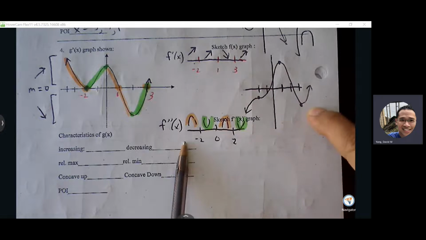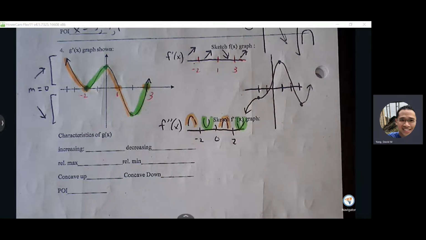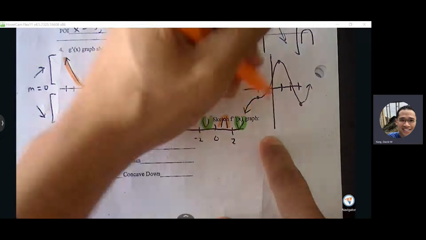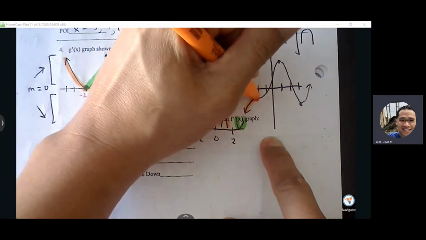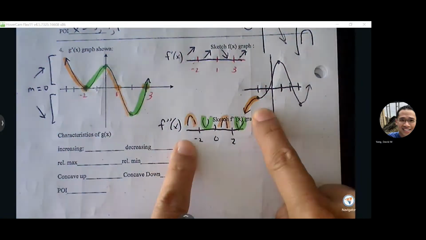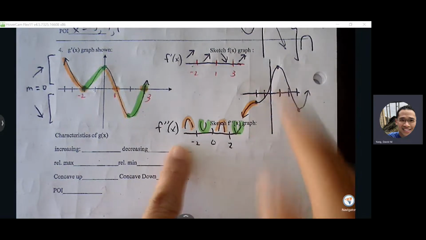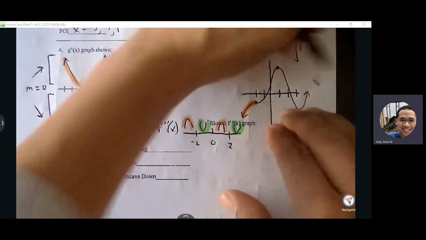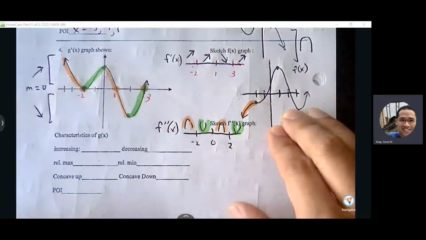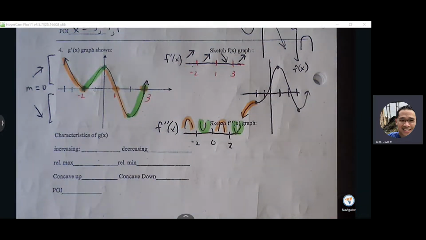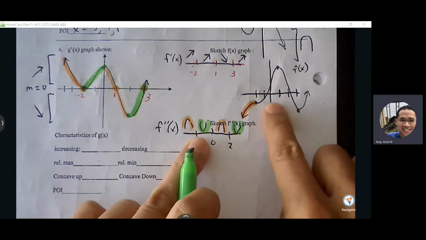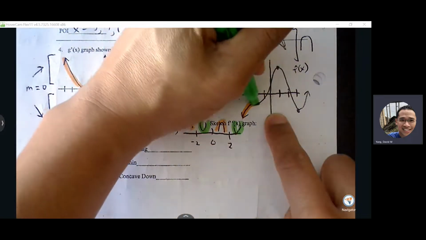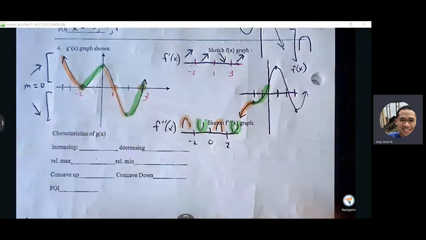Okay. And just to convince you of this, the curvature here should match the curvature that we potentially have created with the original graph, right? So if it really is concave down, then it should look like that on my original graph, on my graph that I created based off the F prime graph. Right? Concave up, the shape should resemble that of concave up, and it does up until 0.